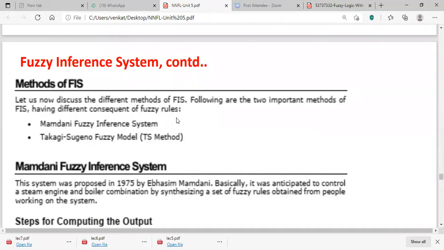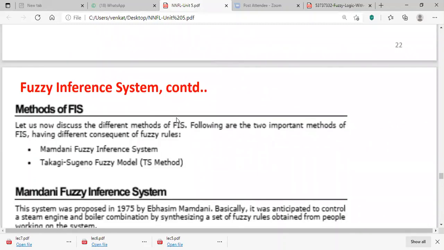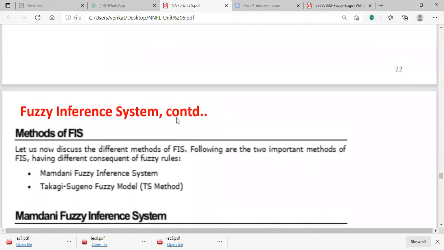Certain steps are there to be followed for this Mamdani fuzzy inference system, or the other method, Takagi-Sugeno fuzzy model. So with this we'll end today and we shall continue in the next class about this Mamdani and Takagi-Sugeno fuzzy model.